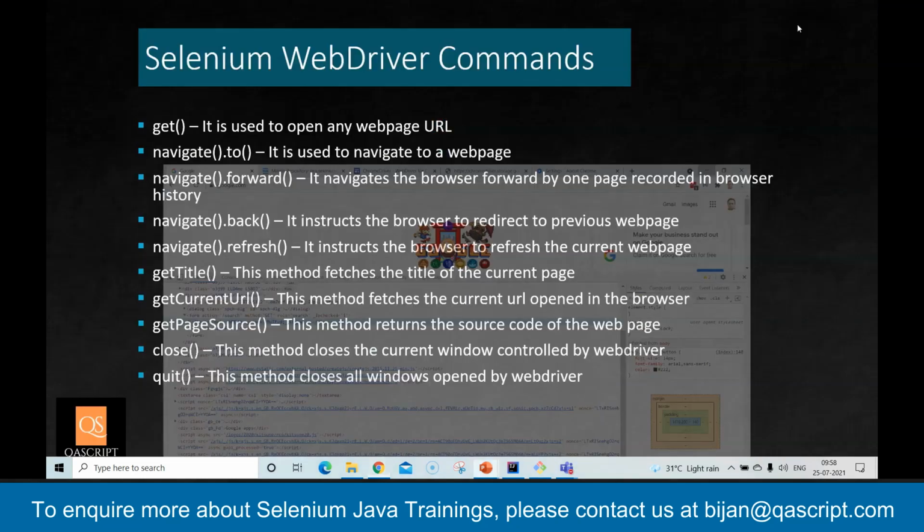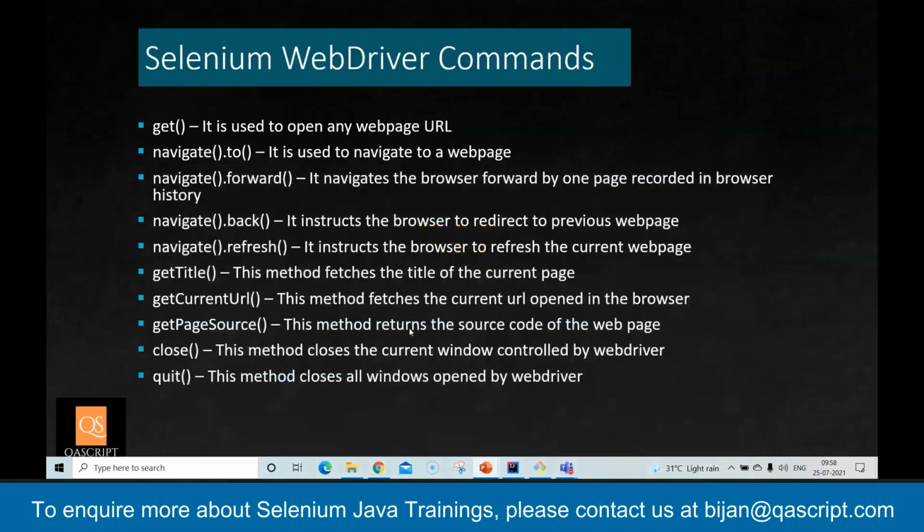When you use get page source, it returns the source code of the web page as a string, and then you can validate that some particular text is present within the string. It's not the ideal way of validating a page, but sometimes it may be useful.